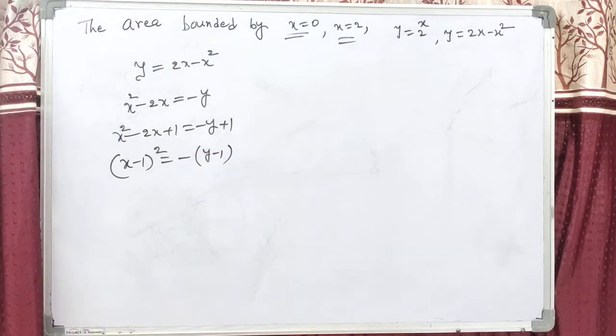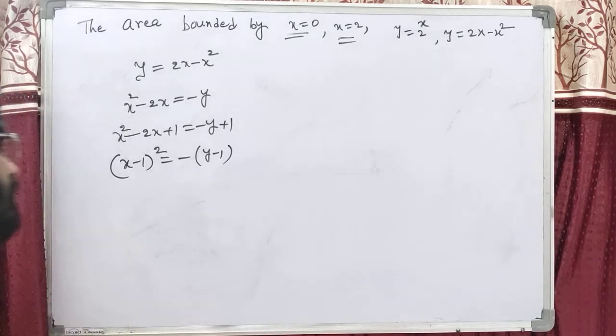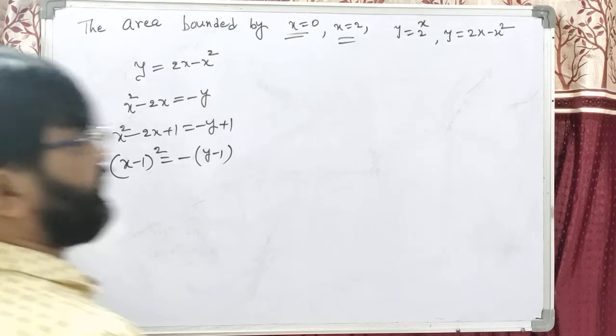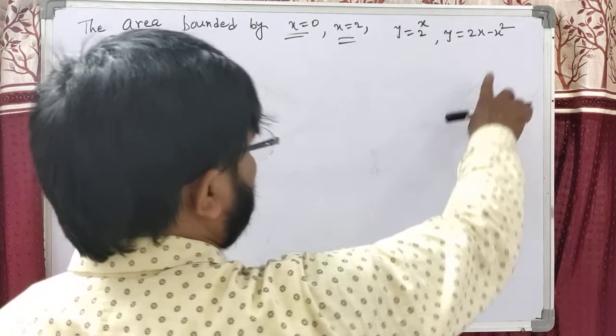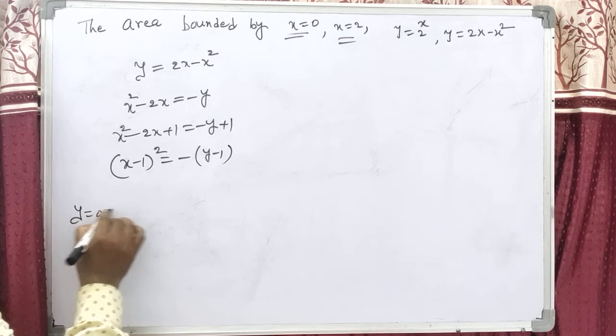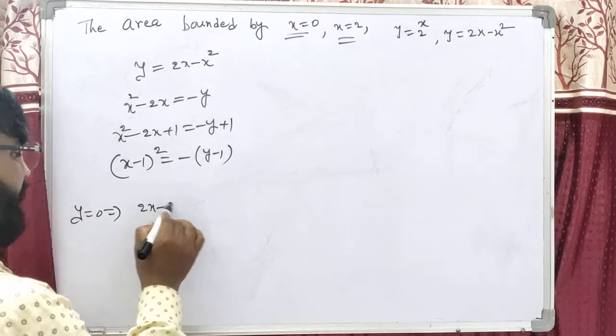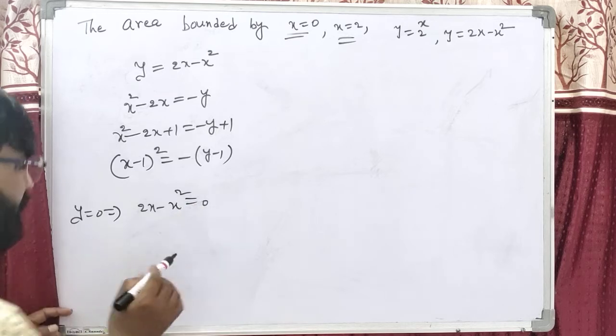So students, this is the vertex 1 comma 1. This is the downward parabola. Okay students, downward parabola. Therefore this is also passing through the origin. Therefore the other intersecting point, when we are taking y equal to 0, that implies 2x minus x square equal to 0, students.